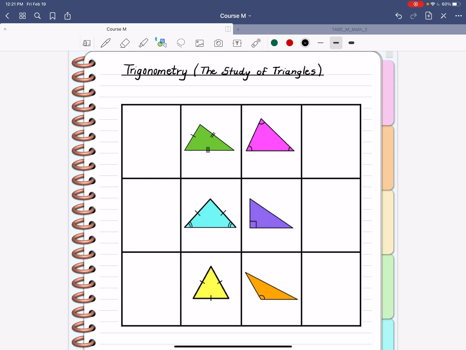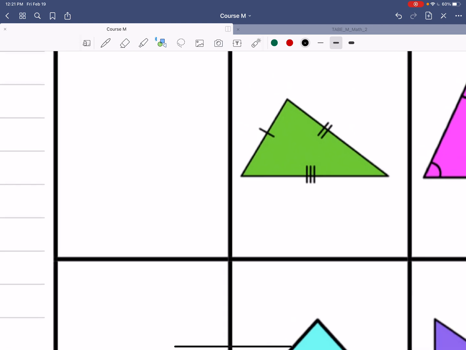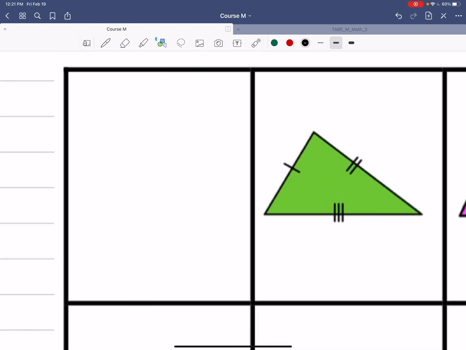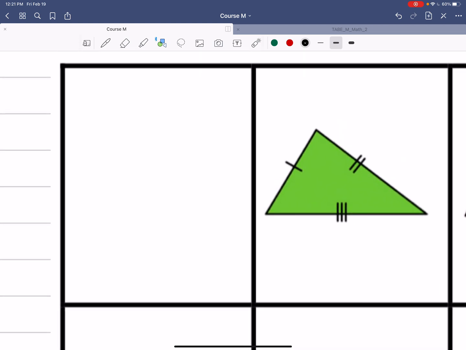So let's take a look at this first member of the triangle family, and that's this green one. And let's study here what they have told me without giving me any words. What are they telling me about this triangle? That it is irregular and that none of its sides are equal.